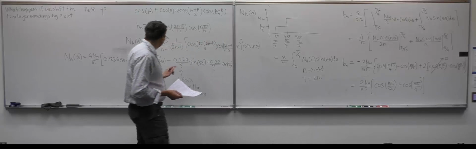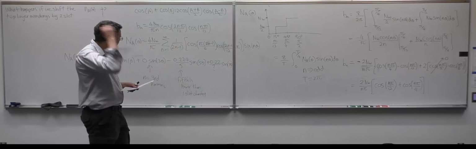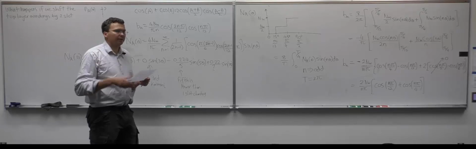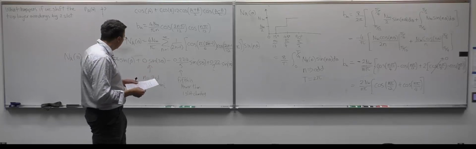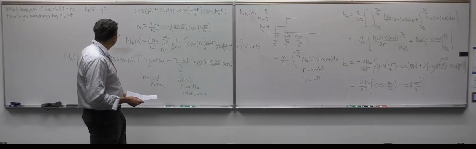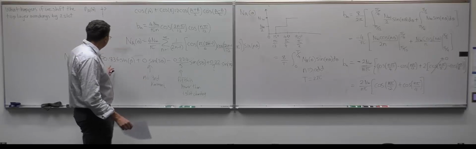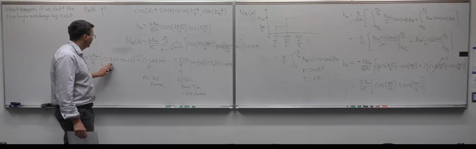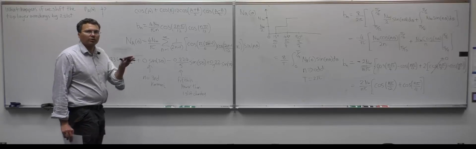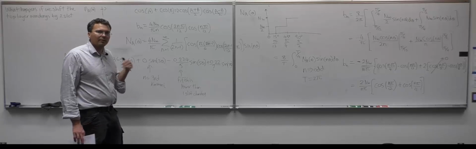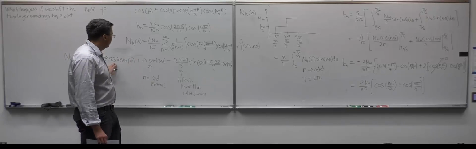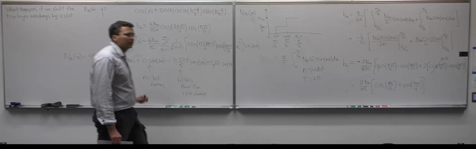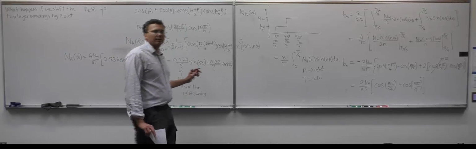Okay, so that's what happens if we have the 2 slot shorting. We can reduce the harmonics further, but the cost is a relatively large reduction in the fundamental versus the 1 slot shorting, where the 1 slot shorting didn't have that big an impact on the fundamental. 2 slot shorting did.